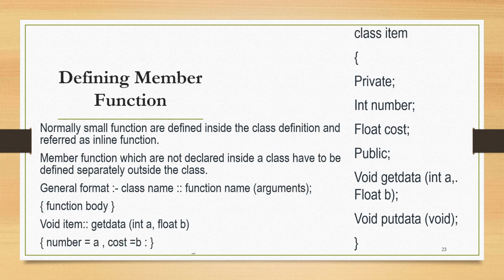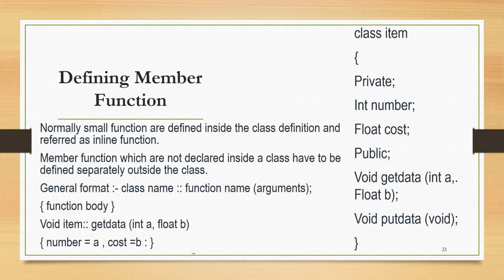Now we'll see how we define these member functions. Here we have two functions, one is get data, one is put data. Why do we write these functions? Normally, small functions are defined inside the class definition and referred to as inline functions. If it is a small function, we can write it in the class itself.